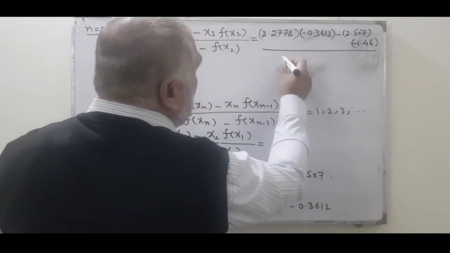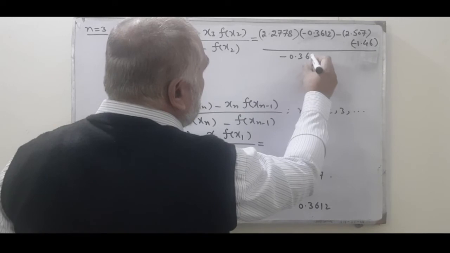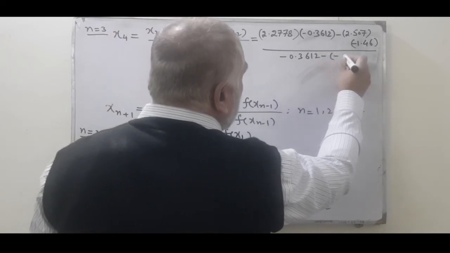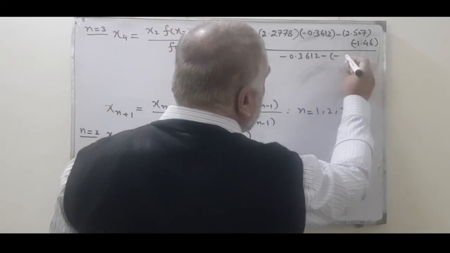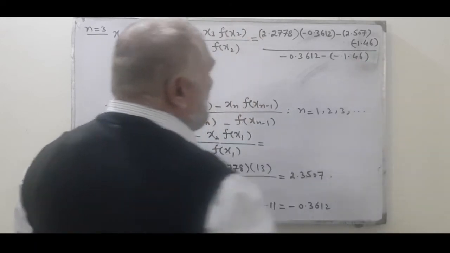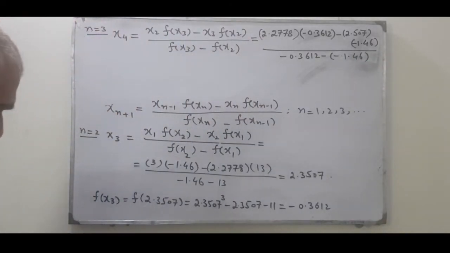And whole divided by minus 0.3612 and minus 1.46. So here this is the result for x4.